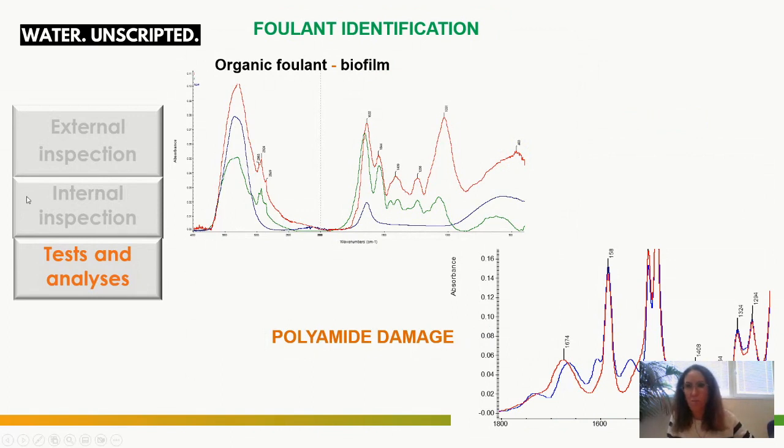In this case, I included an example of an organic foulant, which is biofilm actually, but this technique also allows to check the chemical integrity of the polyamide damage. So these are tools that certainly allow to study both the composition of foulant, which is necessary for cleaning tests, etc., and also the integrity of the membrane.